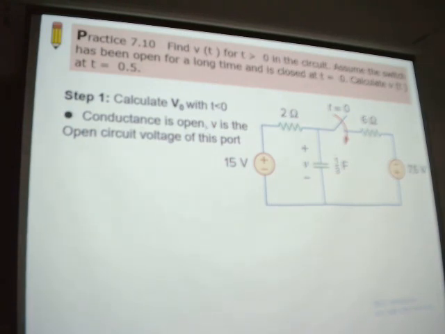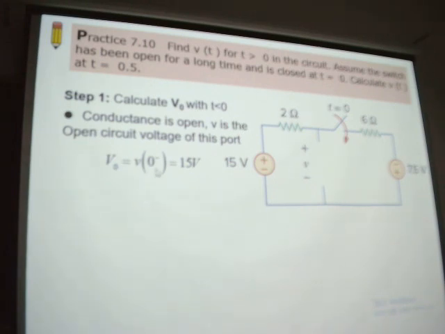The condition told us the switch was open for a long time, so subfigure 1 should be this part. We already know this capacitor is fully charged. If a capacitor is fully charged, we open this one. So the initial value of V should be the open circuit voltage of this port. It should be 15.